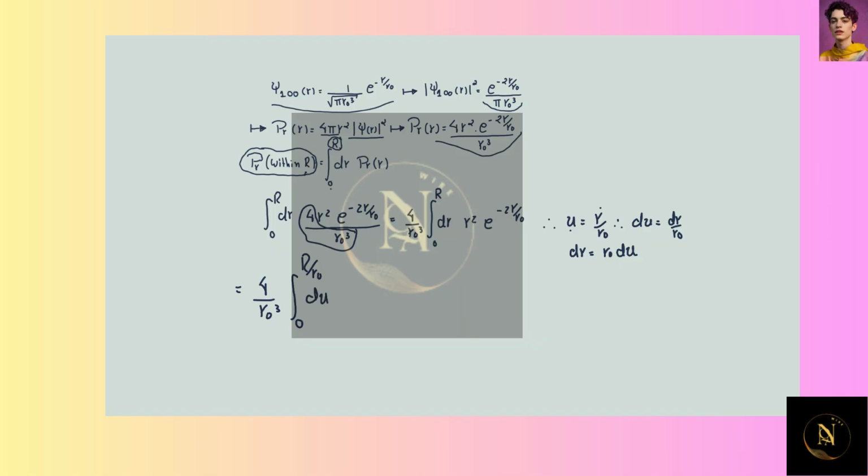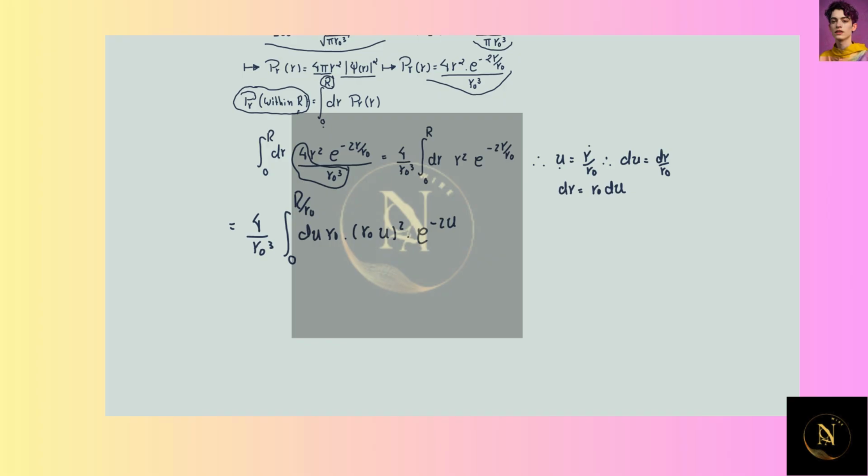So we have du r0 times r squared, which is r0 times u squared, times e to the minus 2 times u. Now, this is equal to 4 divided by r0 cubed times, we have one factor of r0 here and two factors of r0 here, so there will be an r0 cubed outside the integral, times the integral of du u squared e to the minus 2 times u from 0 to r over r0.